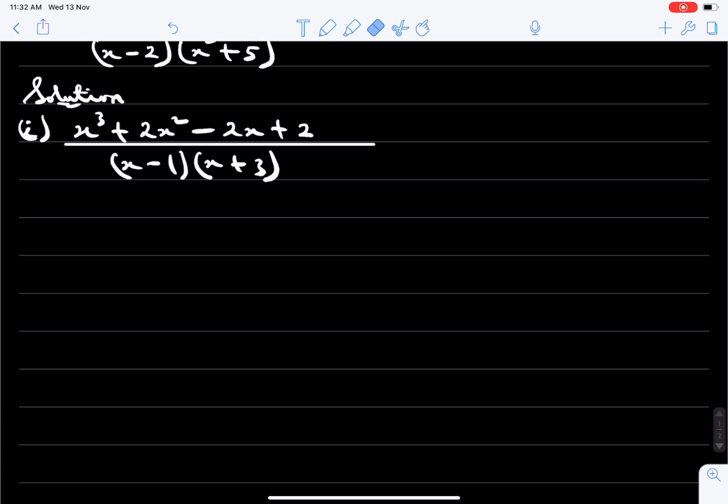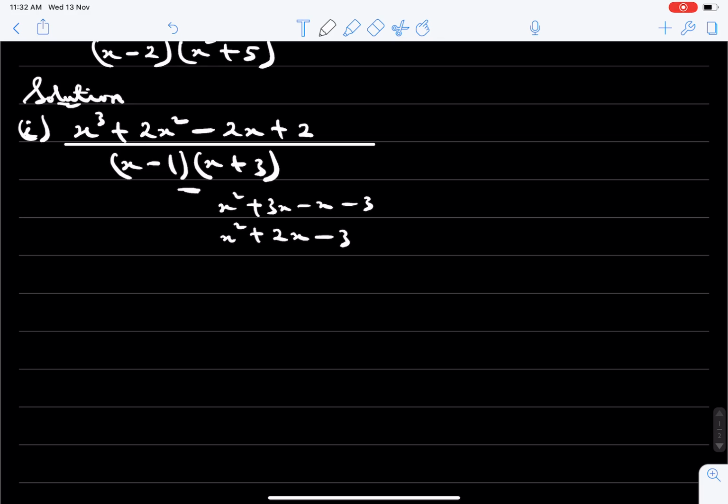So that means this is an improper fraction. If you multiply the denominators, this is going to give us something like x squared plus 3x minus x minus 3, which is the same as x squared plus 2x minus 3.